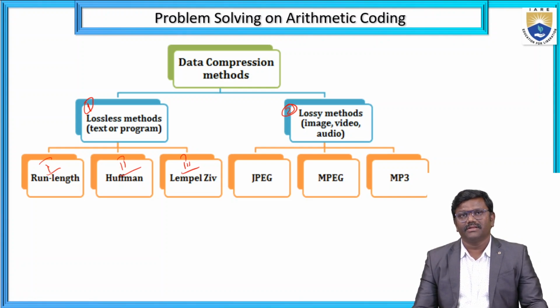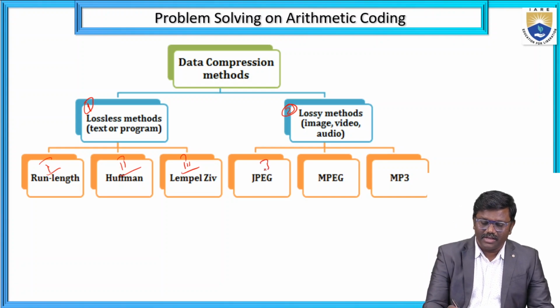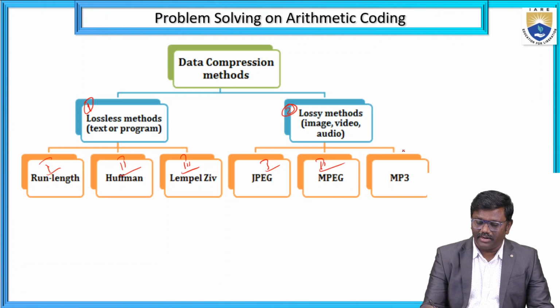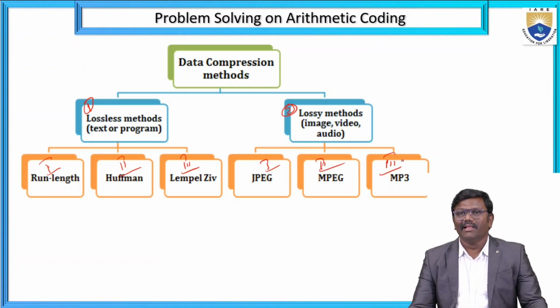Whereas in lossy methods, for image, video, and audio, we process formats such as JPEG, which is one method, MPEG, which is one more method, and MP3, one more method. All of you know about JPEG, MPEG, and MP3 videos.